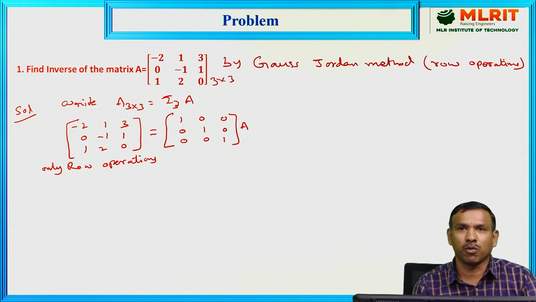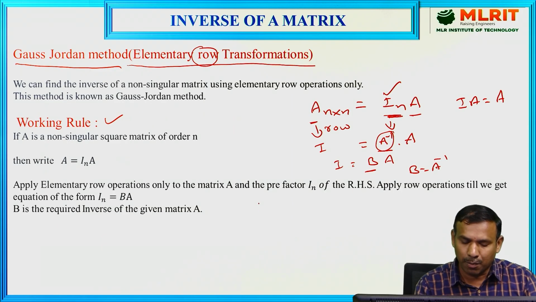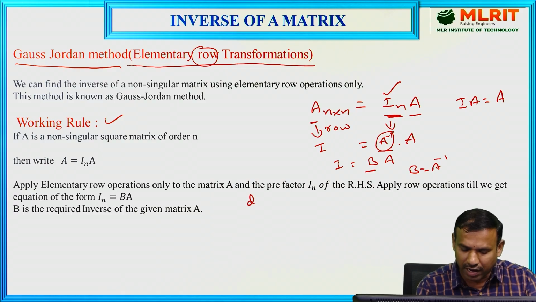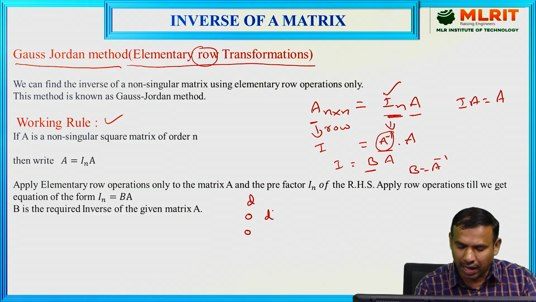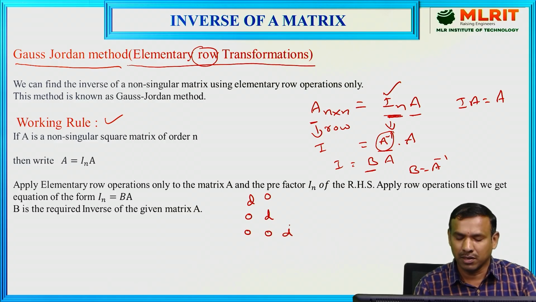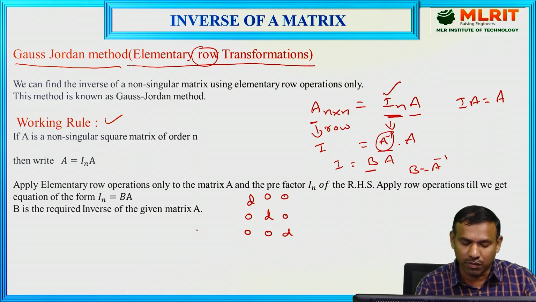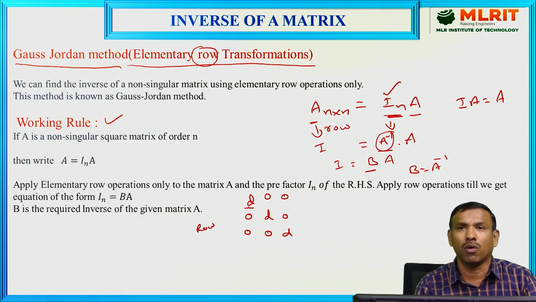Look at this: using the first diagonal element, make the below two elements 0. Next, using the second principal diagonal element, make the above element 0 and the below element 0. And using the third principal diagonal element, make the above two elements 0. Only row operations. Suppose the pivoting element, the diagonal element, is 0: interchange and get a non-zero element. So this is the procedure.